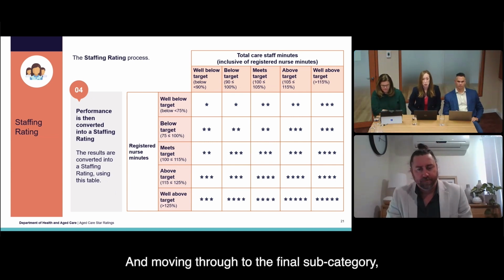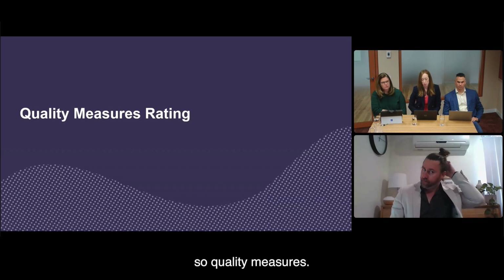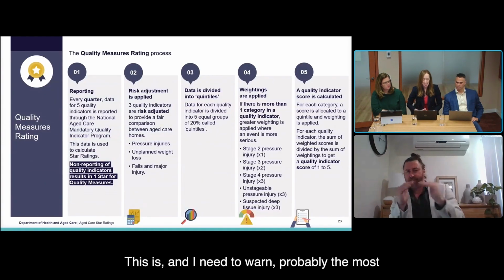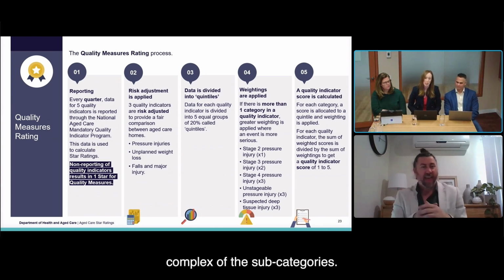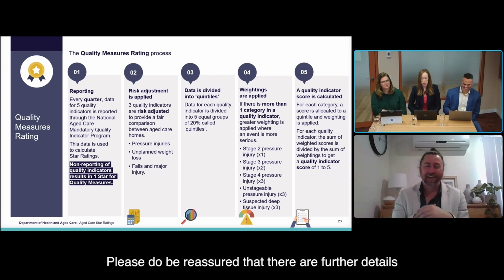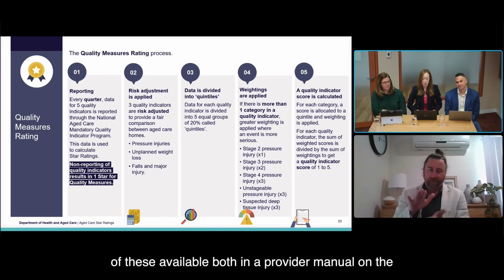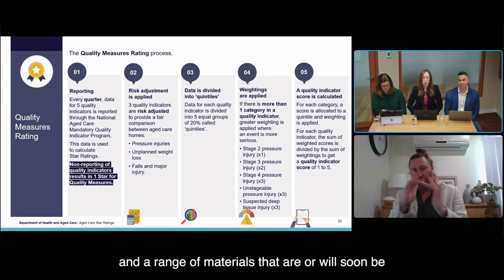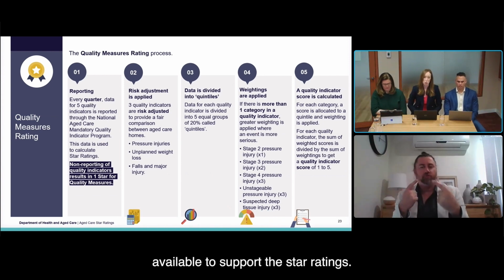And moving through to the final subcategory, so quality measures. This is, and I need to warn, probably the most complex of the subcategories. Please do be reassured that there are further details of these available, both in a provider manual on the department's website, as well as the summary report and a range of materials that are or will soon be available to support the star ratings.